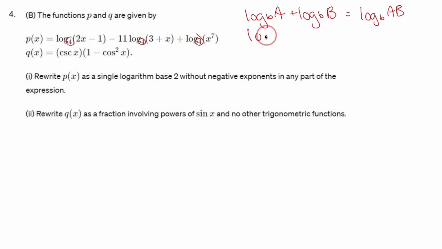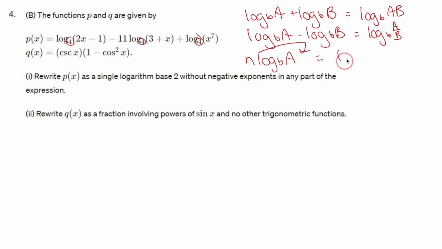If you subtract logs of the same base, you divide the insides. And if you have a number floating around in front of a log, you can move it up and make it an exponent.